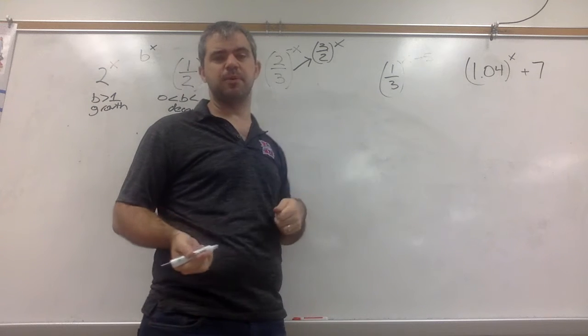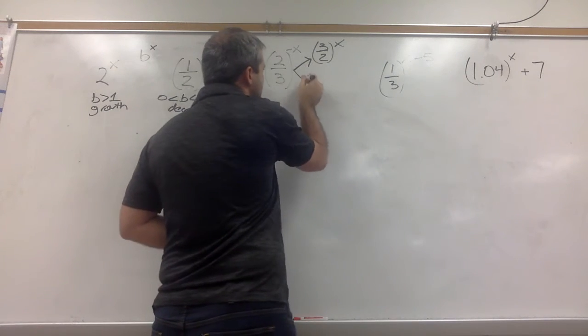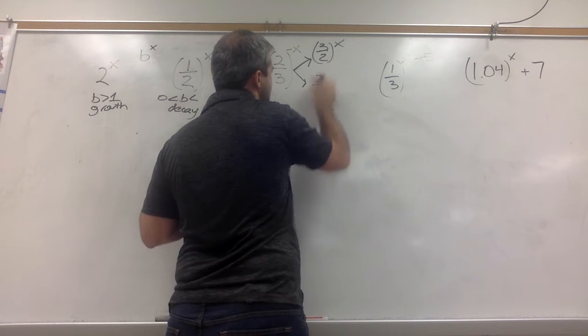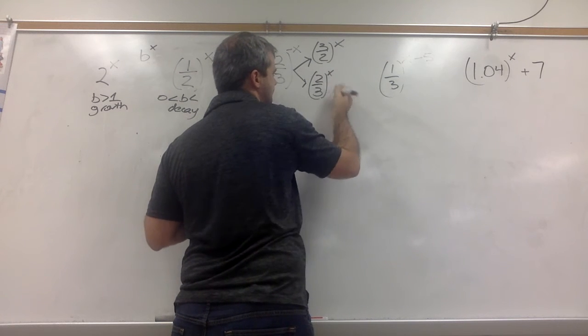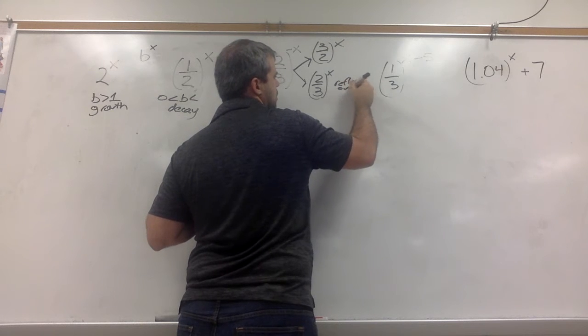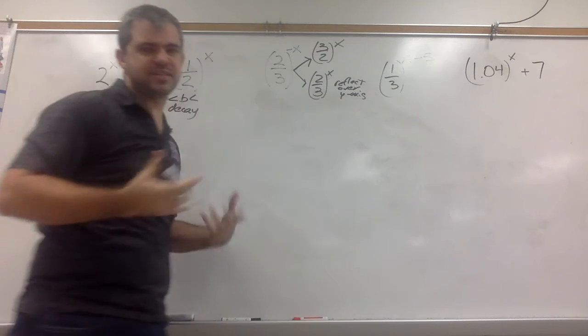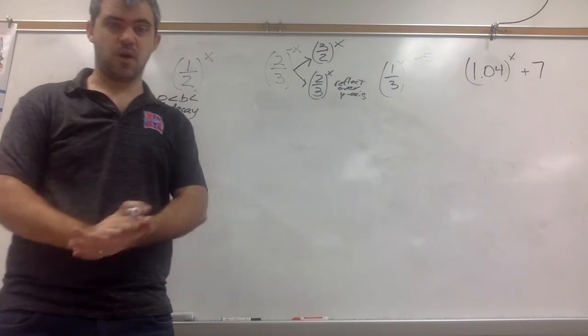And that's pretty simple there because we know how that works. The other way you can think about this is it's the same as 2/3 to the x reflected over the y-axis. Now, you're going to see that those are equivalent, okay?